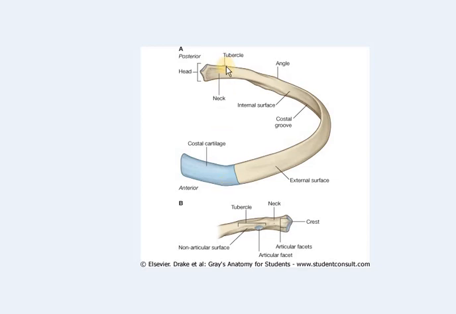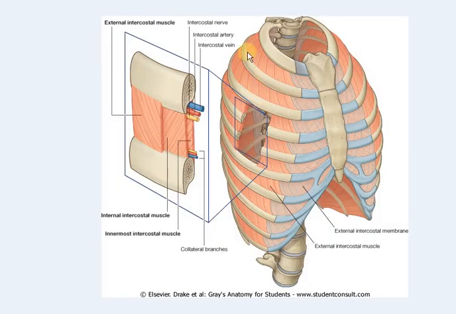So the external intercostal muscle extends from the tubercle of the rib to the costochondral junction, and between the costochondral junction and the sternum it is replaced by the anterior intercostal membrane, or the external intercostal membrane.